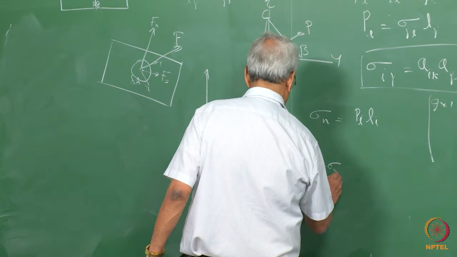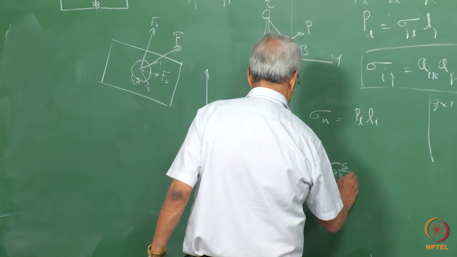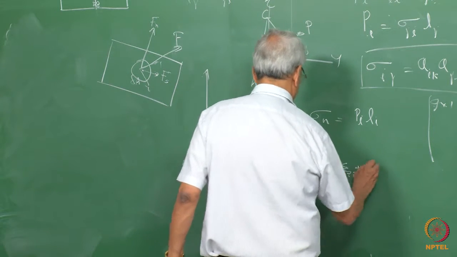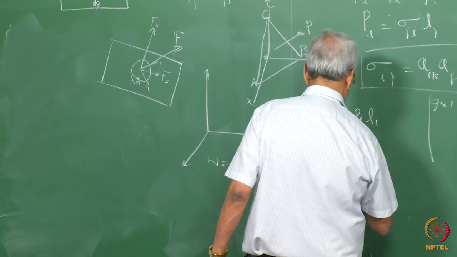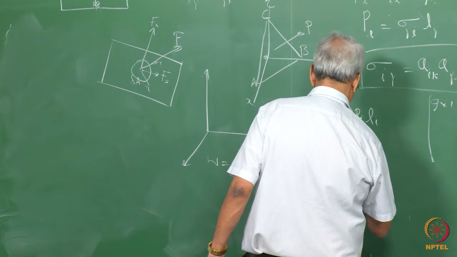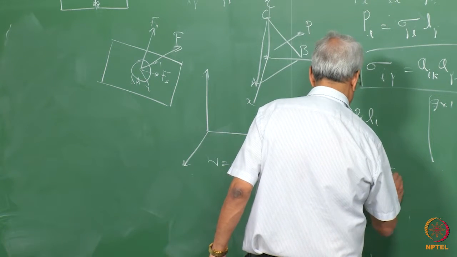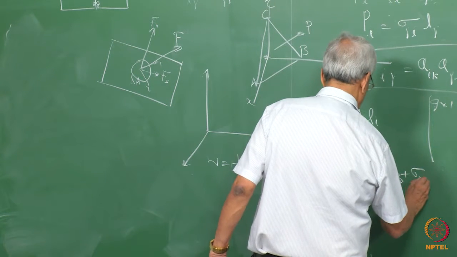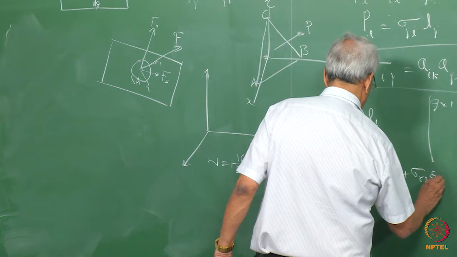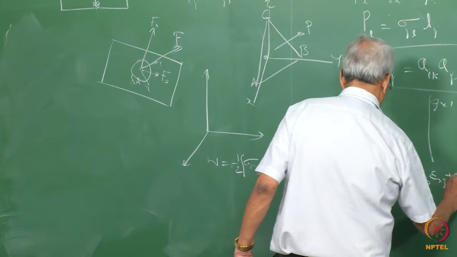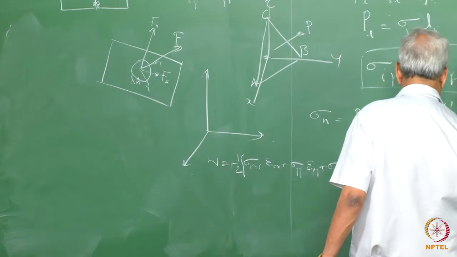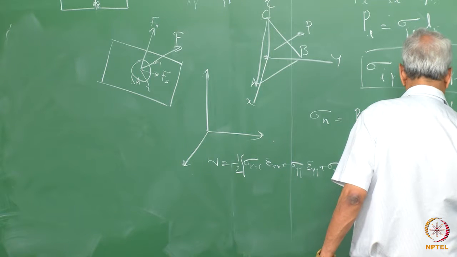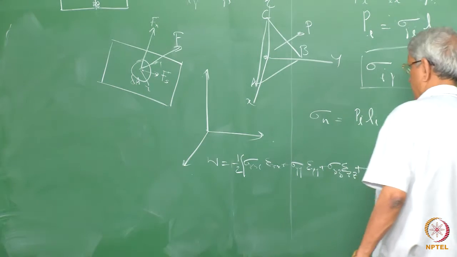Sigma YY plus sigma ZZ, epsilon YZ, sigma XZ into epsilon XZ plus sigma XY into epsilon XY.